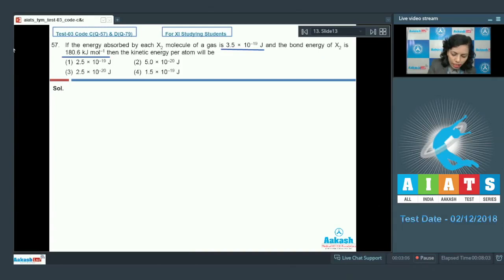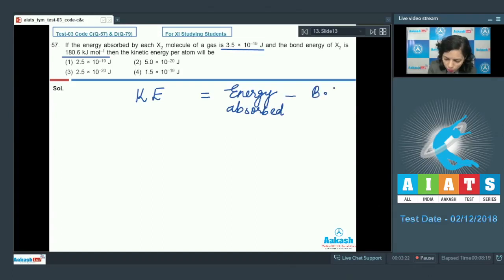And if you want to find out the kinetic energy, that you can find out by the simple formula, that is equal to the total energy absorbed per molecule minus bond energy per molecule. But they are not asking about the total kinetic energy, they are asking about the kinetic energy per atom.